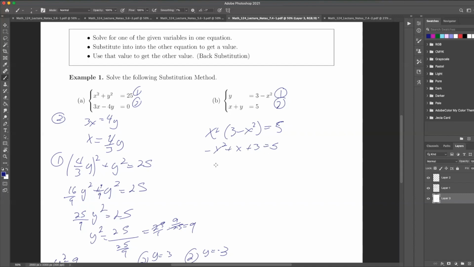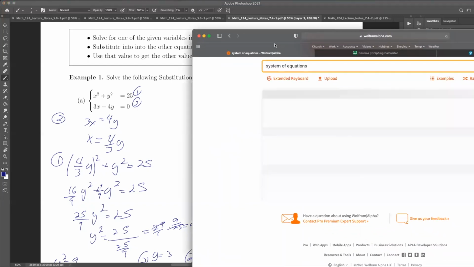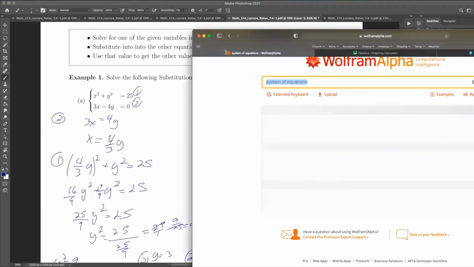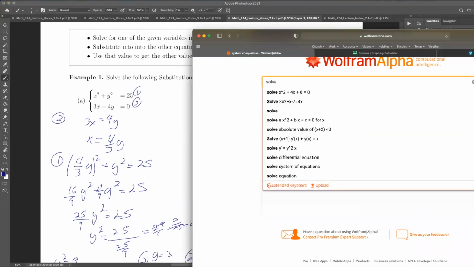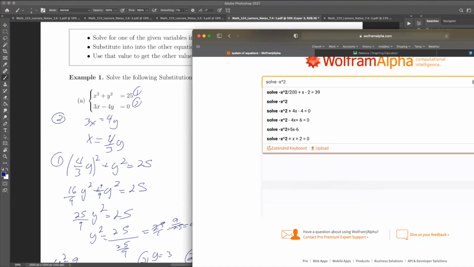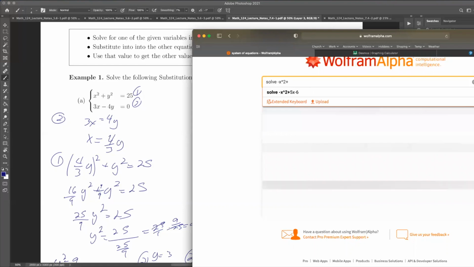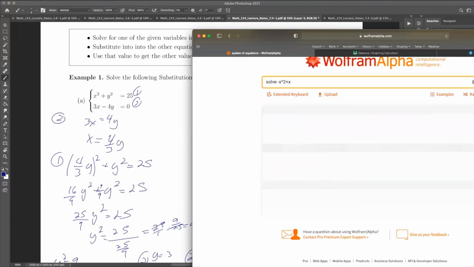This doesn't factor. It doesn't do anything. So let's just have Wolfram Alpha solve it for us. How would we solve this by hand? We put it through the quadratic equation. All right, so here we're going to solve the following: minus x squared plus x minus 2 equals 5.